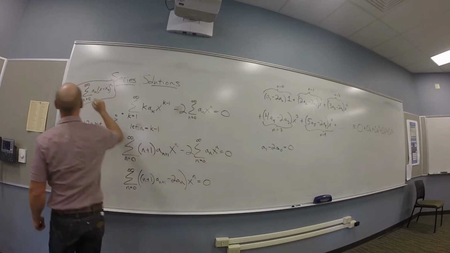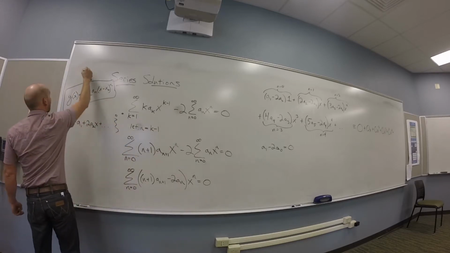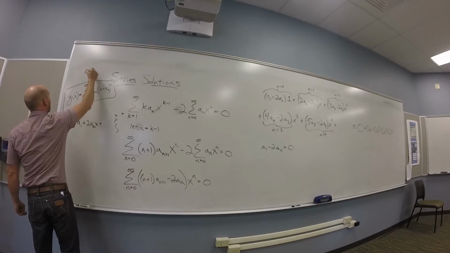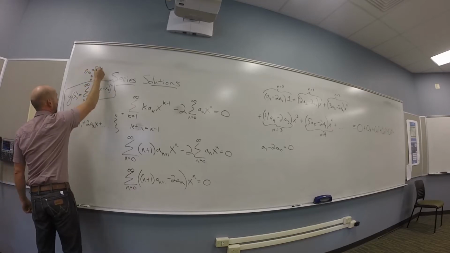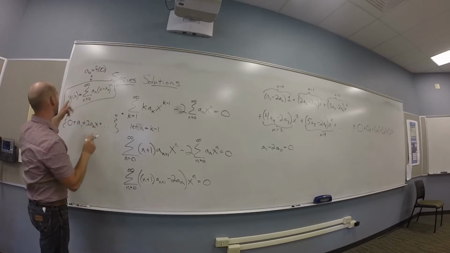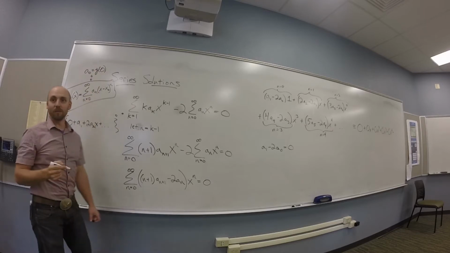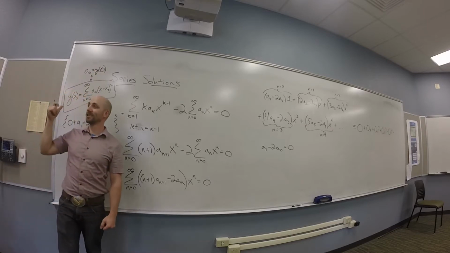Well, remember I had this little guy above it? a0 is really f at x naught, right? In my case, that's going to be f at 0, or naming my functions correctly, it should really be y at 0. That's your initial condition.